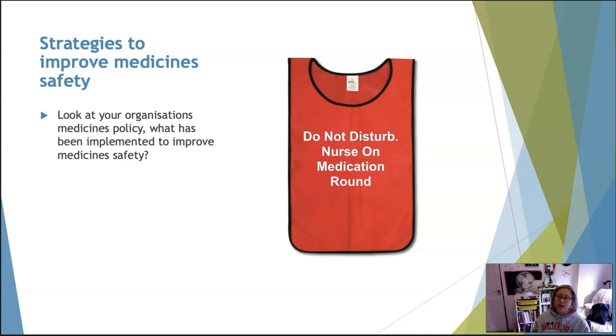If a patient or another staff member is in need, they would try and contact a different member of staff so as not to disturb the medication round person, so that they don't get distracted, don't miss patients, and don't accidentally double up on medications, and some of the basic medication errors that can occur.